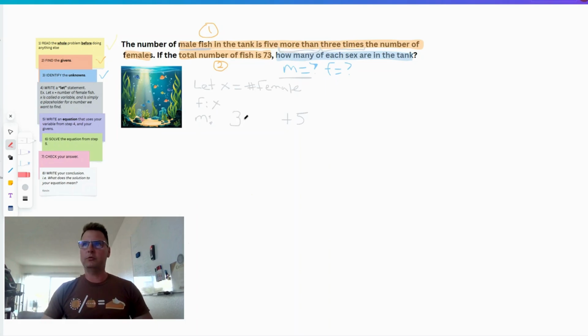So 3 times the number of females is really 3 times x. Okay, so let's read back through this. Does this make sense? The male fish in the tank is 5 more than 3 times the number of females, which is x, right? Okay, so for step 3, we have our let statement, but we also have an expression for males here.